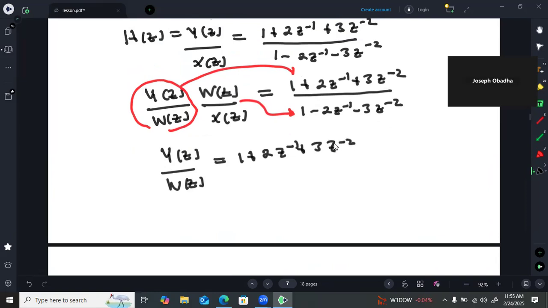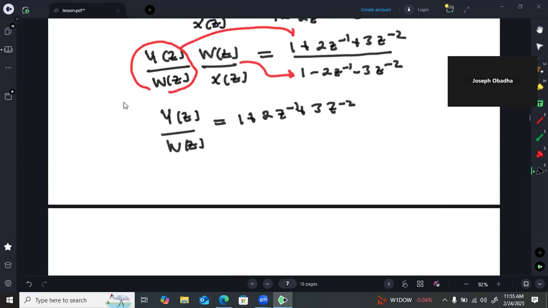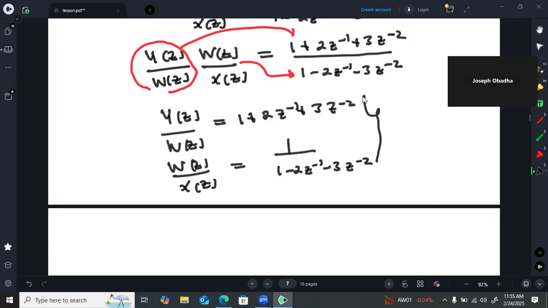And the other term, W of z over X of z will equate to 1 over 1 minus 2z negative 1 minus 3z negative 2. I can call this combined function equation 1 for ease of reference. So now we'll work with equation 1.